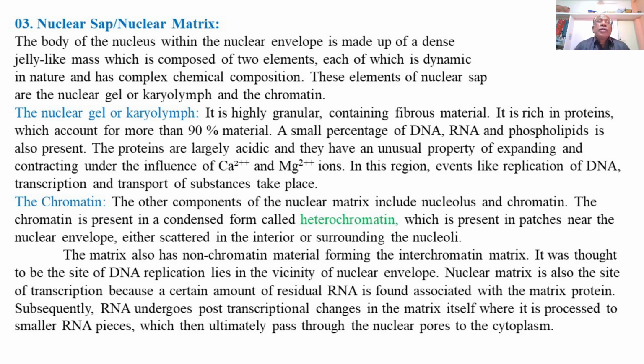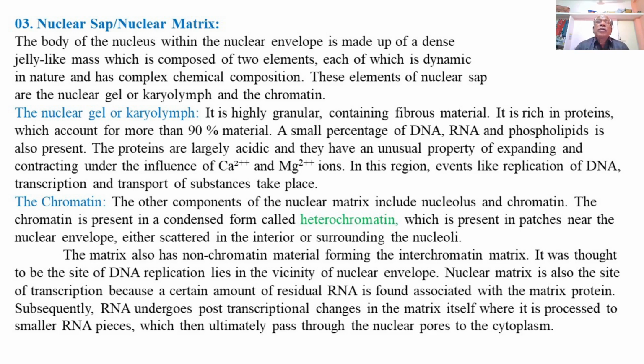The body of the nucleus within the nuclear envelope is made up of a dense, jelly-like mass composed of two elements, each of which is dynamic in nature and has a complex chemical composition. These elements of the nuclear sap are the nuclear gel, also called karyolymph, and the chromatin material.